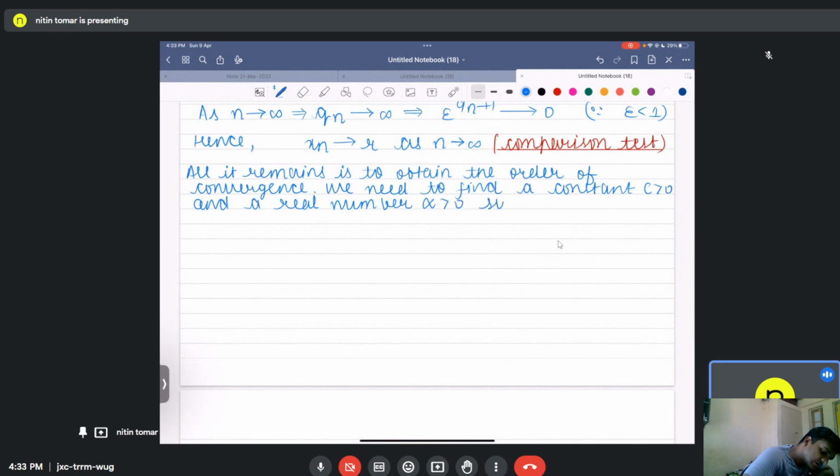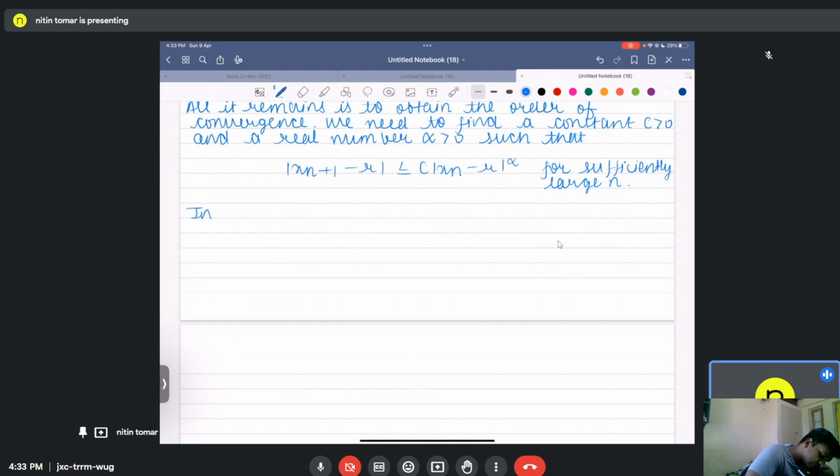Alpha will be the order of convergence precisely, such that |x_{n+1} - r| is less than or equal to c times |x_n - r| to the power alpha for sufficiently large n.